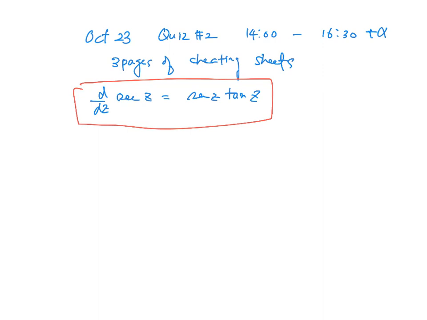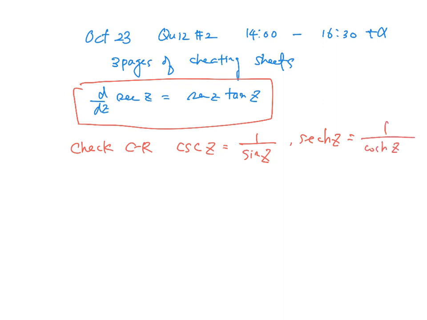So one of the potential candidates for the next quiz is to check Cauchy-Riemann of CSCZ. That would be nice, right? And second type of Z, CSCHZ.